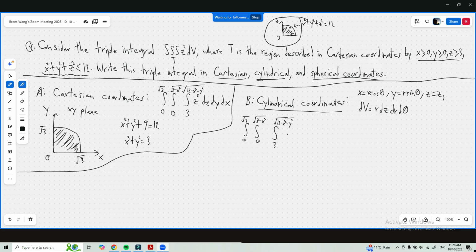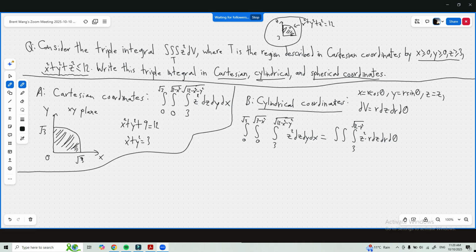So here, I have what I wrote in the rectangular coordinates: z squared dz dy dx. So x squared plus y squared is r squared in cylindrical coordinates, so 12 minus r squared, and still 3, z squared r dz dr d theta.